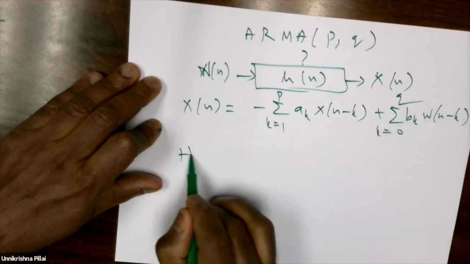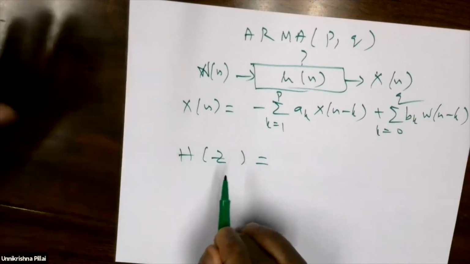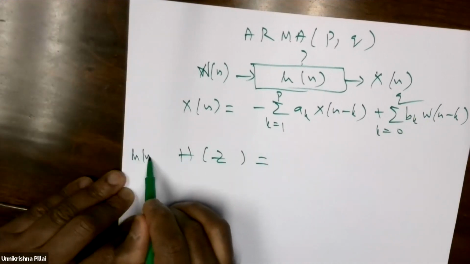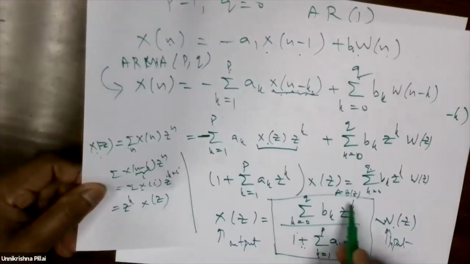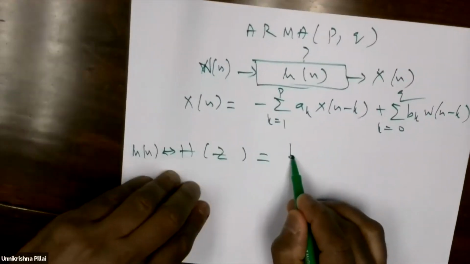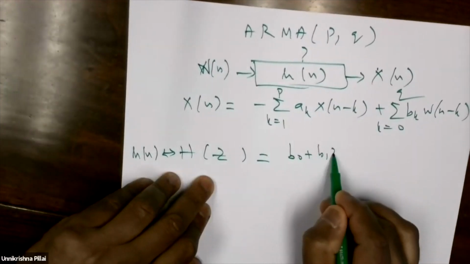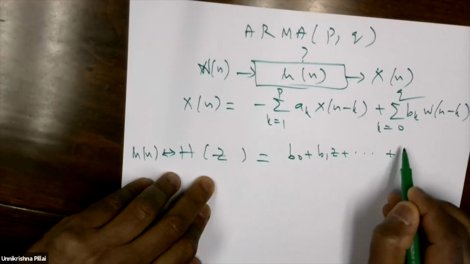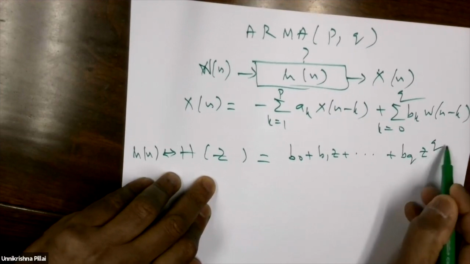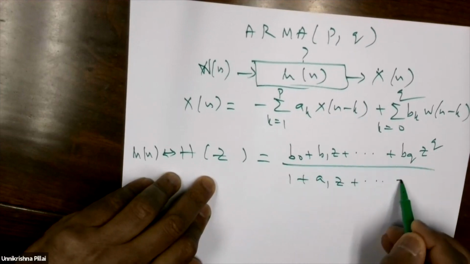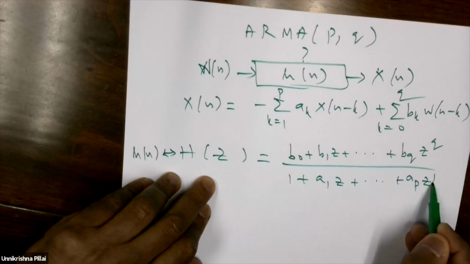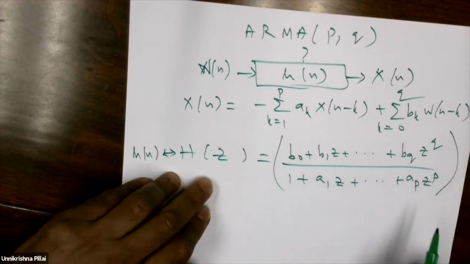Then H of z, the system here. So h[n], which is the inverse transform of H of z. H of z is here, so I'm just going to write it down: b0 plus b1 z^-1 plus etc. up to bq z^-q, divided by 1 plus a1 z^-1 plus etc. up to ap z^-p. So this is the transfer function.